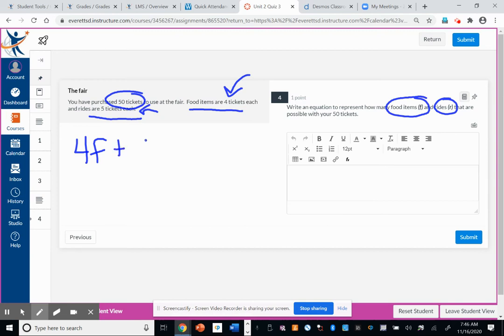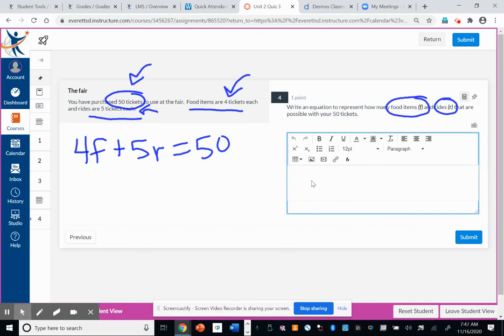So plus 5R. And we have 50 tickets, equals 50. Okay, so that's what goes in here: 4F plus 5R equals 50.